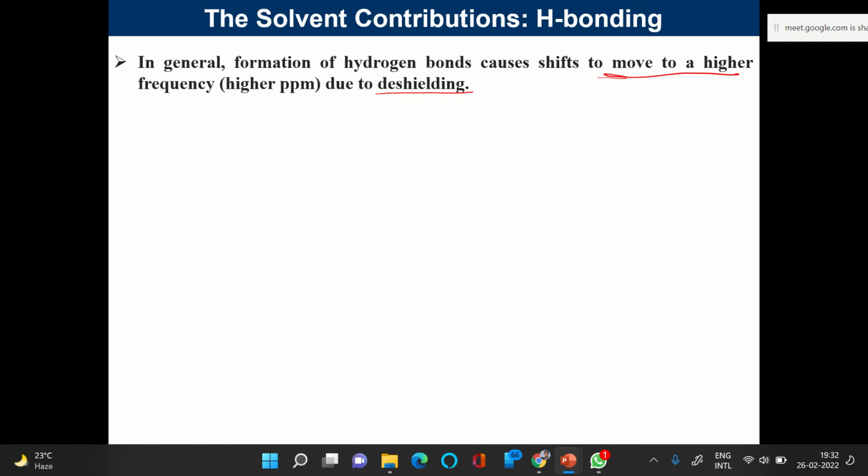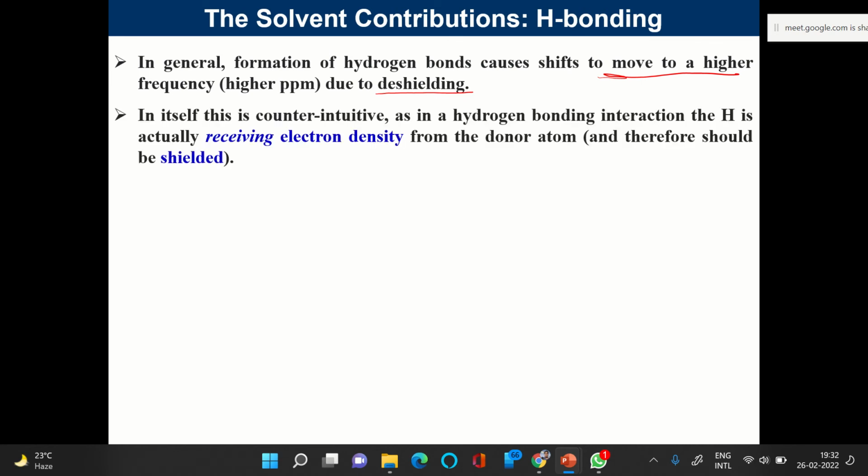This is slightly difficult to imagine, because when we are talking about hydrogen bonding, you can think of this hydrogen, for example, if you have something like this, and it will have interaction with this proton, right? So this is how we see the hydrogen bonding interaction.